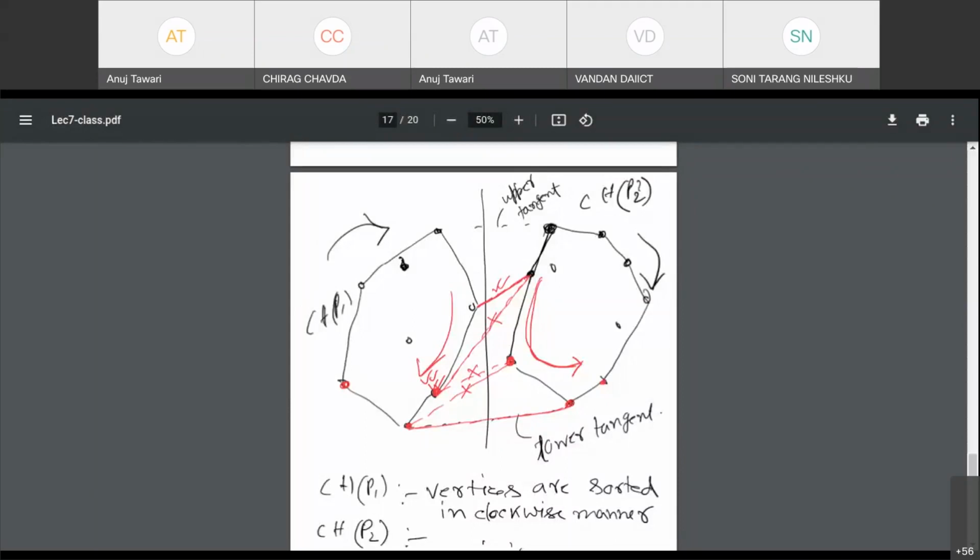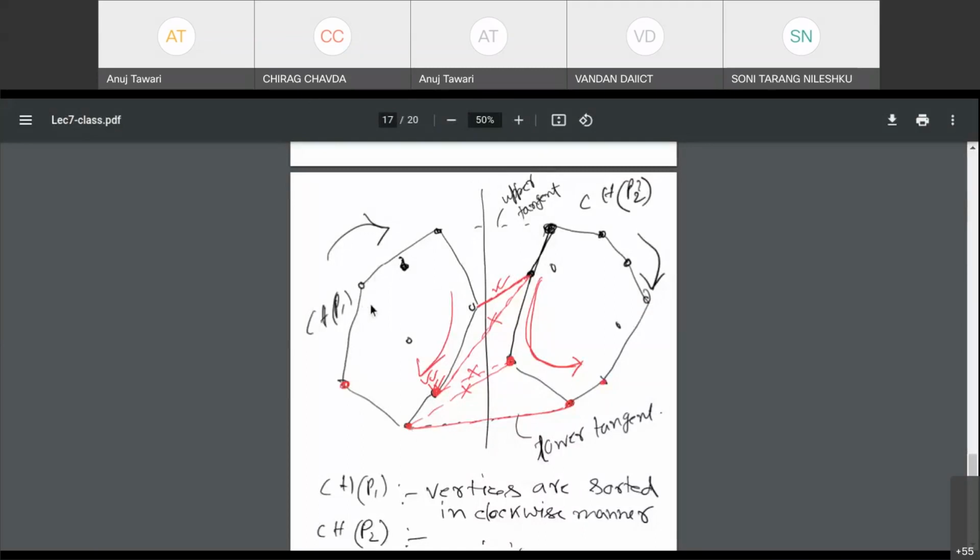And sir, my doubt was, how are we representing this convex hull in the computer? So someone already suggested that we use a circular linked list. Sorry, doubly linked list, right? So you just store these line segments.